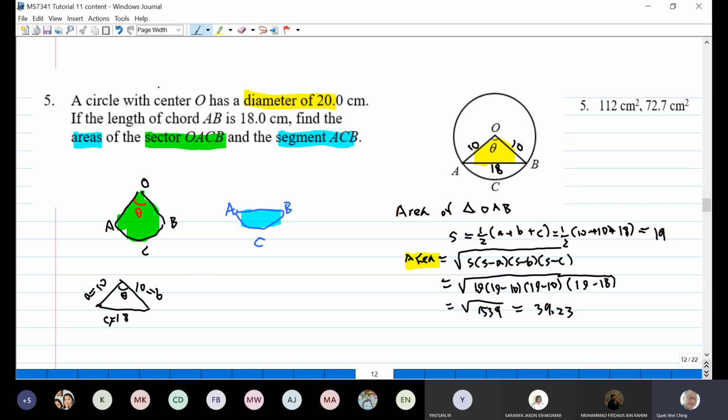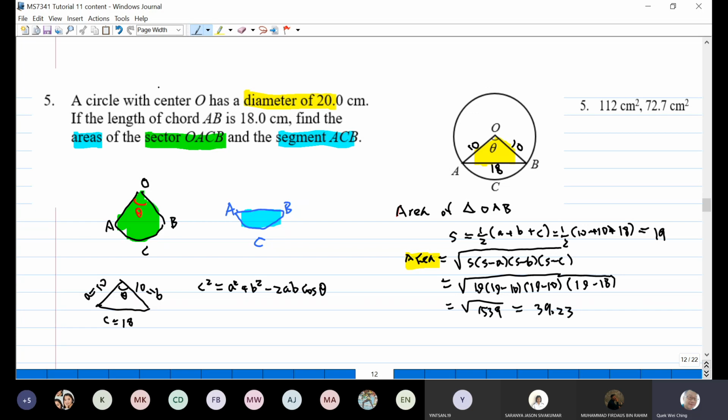So I use the law of cosine now. There are many ways to find the angle, but law of cosine I think is one of the easiest ones. So you get C square equal to A square plus B square minus 2AB cosine theta.